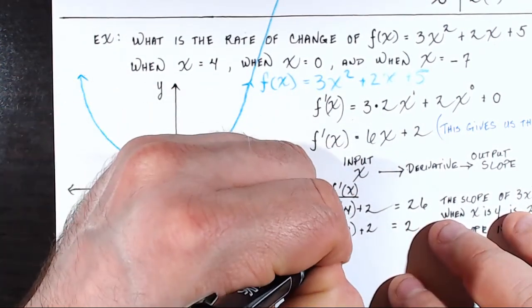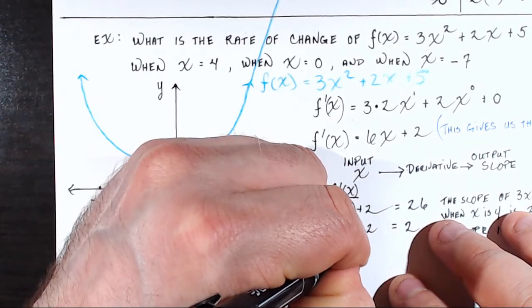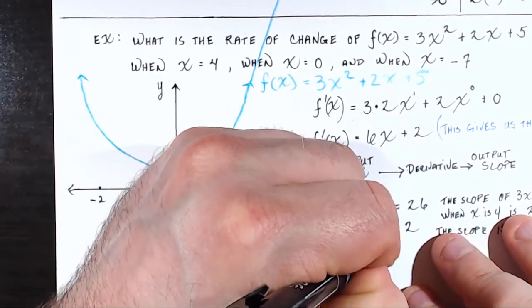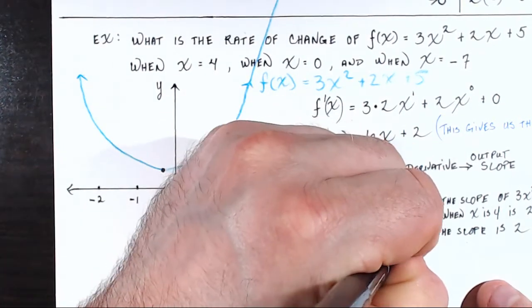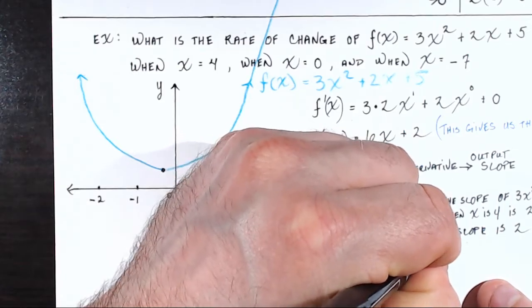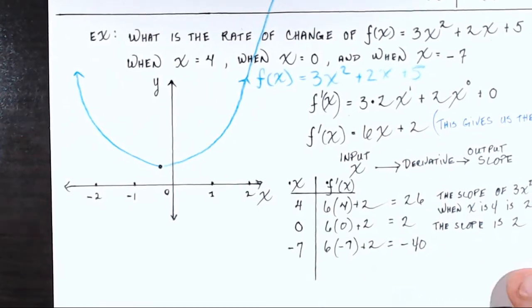So let's do that. Now that's 6 times -7 plus 2. Well, 6 times -7 is -42 plus 2. So -42 plus 2 is -40. So this equals -40. That's the slope. Okay.